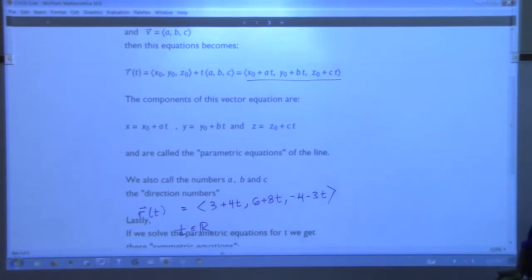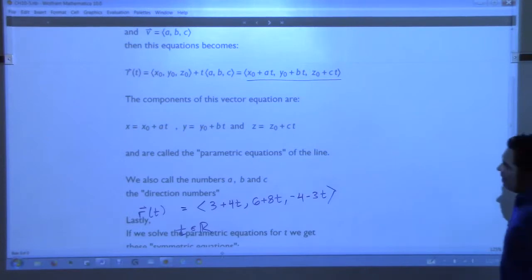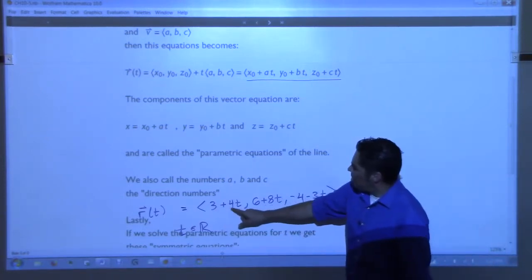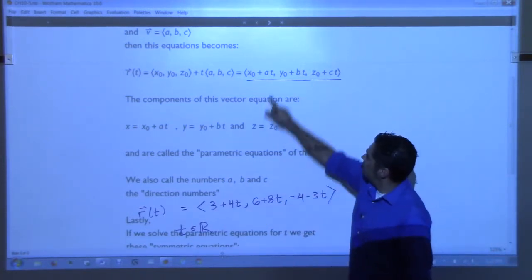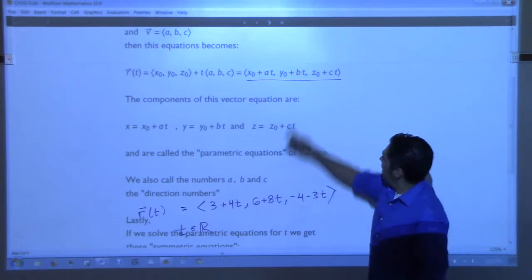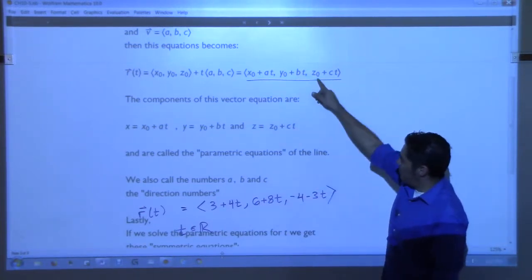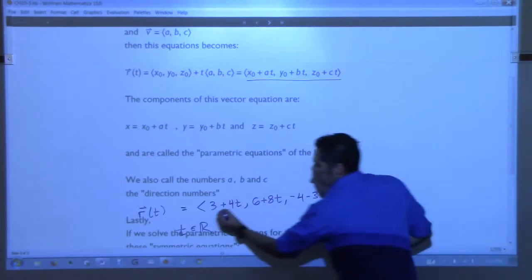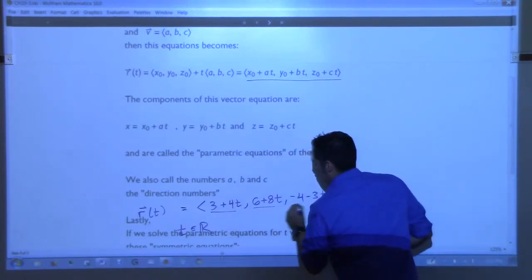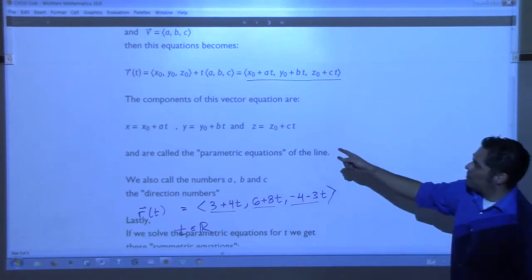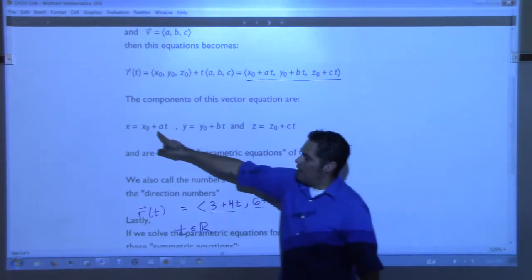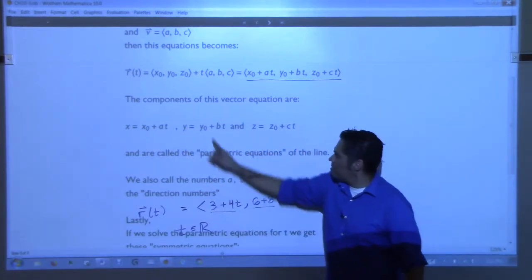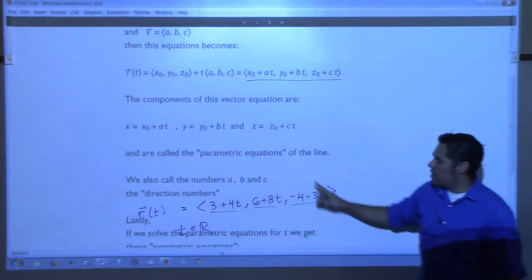Yep. Okay. We have x naught, we have some number in front of t, and then y naught, and we have some number in front of t, and then z naught, and we have some number in front of t. These three components, if you look at them individually, would look like this. Here's your x component, this is your y component, this is your z component.